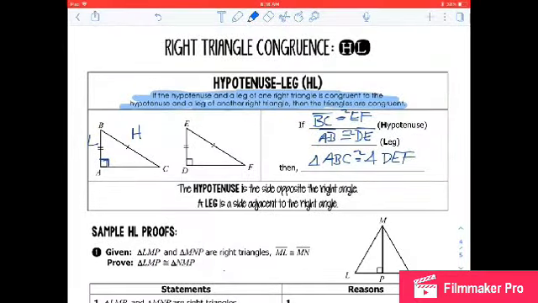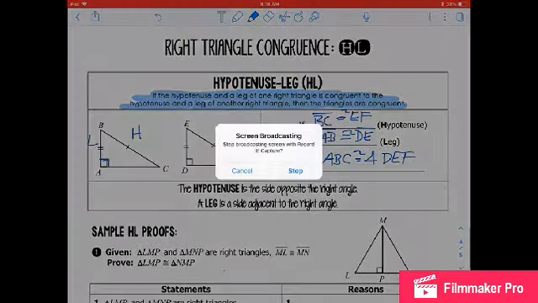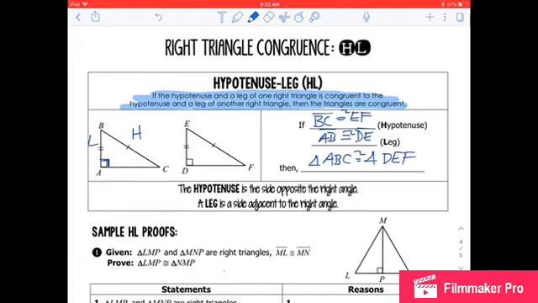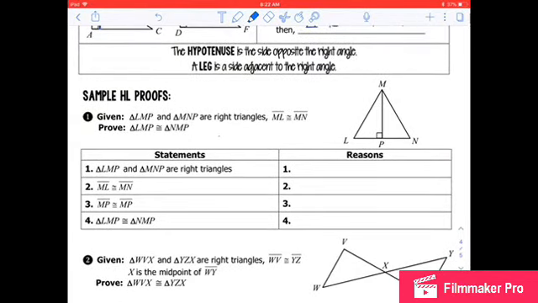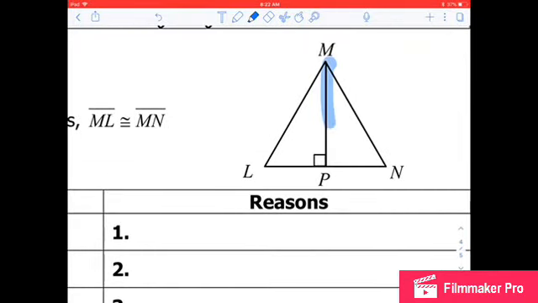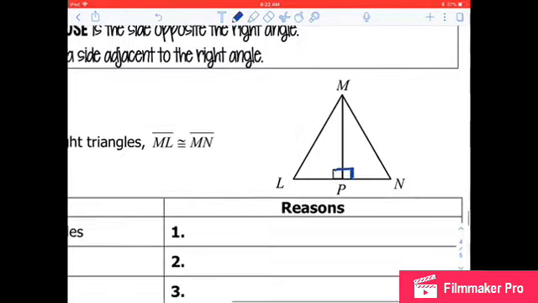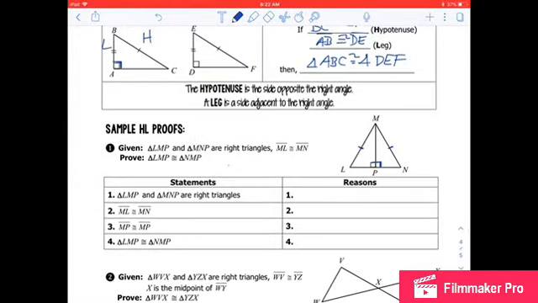And so we can try this next proof. So on this one, we've got obviously two right angles. So right away, I'm seeing MP and MP going to be congruent. I already have the right angle. So now I just need the hypotenuse to be congruent and a leg, which MP and MP is going to be my leg. So let's see what we're given.